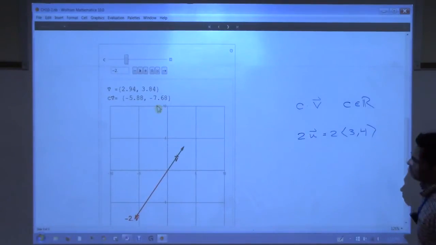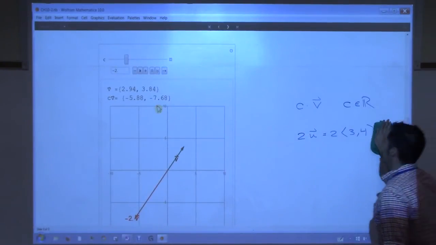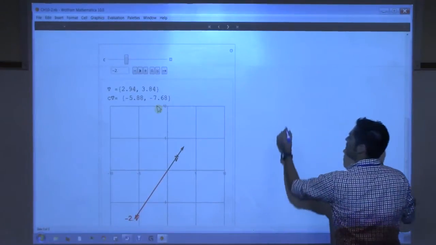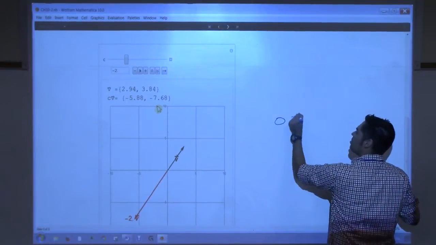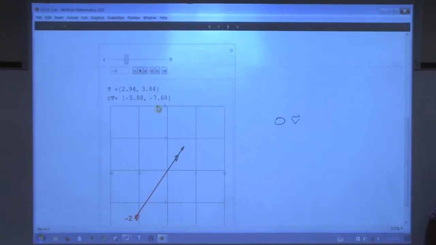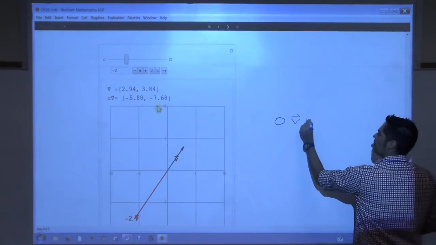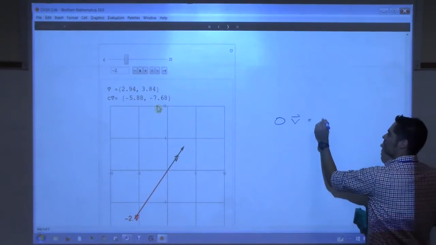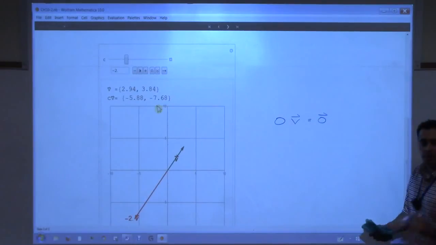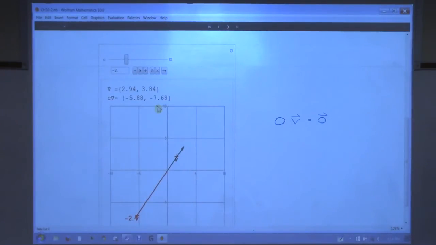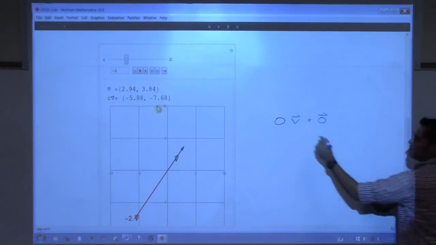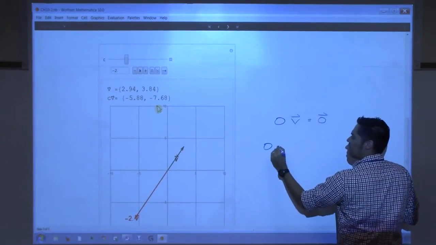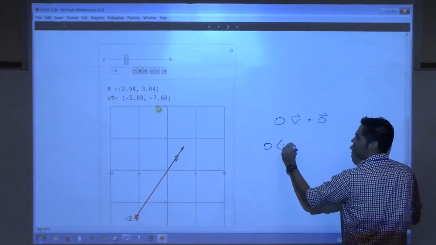Okay, anything else we want to talk about here? What if I multiply a vector times 0? What do I get? The 0 vector, okay? You get the 0 vector. Remember, there's a difference between the number 0 and the 0 vector. So this is really saying I take 0, I multiply it times some vector, I'll call it v1, v2.